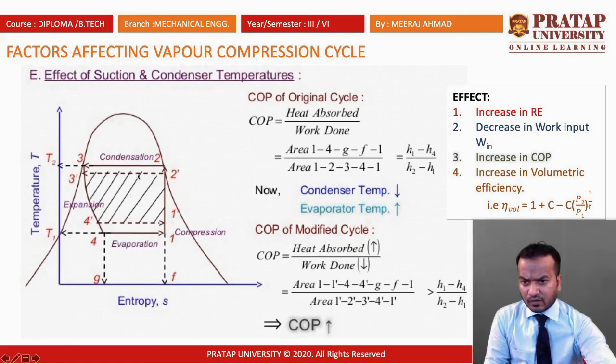You can see that the pressure ratio should be decreased here. So the volumetric efficiency should be increased. The effects are: first, the refrigerant effect increases; second, the work input decreases; third, the COP should be increased because of the COP formula; and the pressure ratio should be decreased. So the volumetric efficiency of the system should be increased.